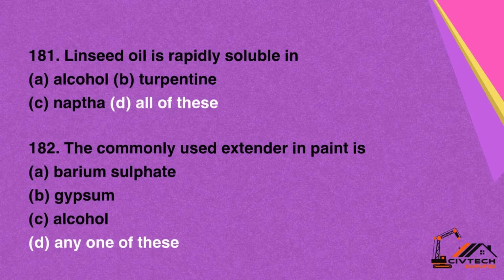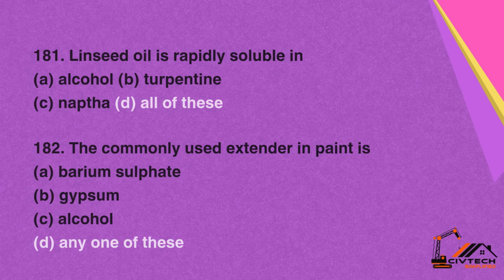Correct option, D. All of these. 182. The commonly used extender in paint is A. Barium sulfate, B. Gypsum, C. Alcohol, D. Any one of these. Correct option, D. Any one of these.